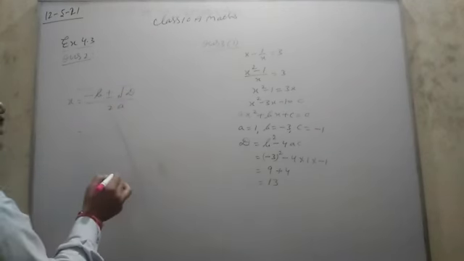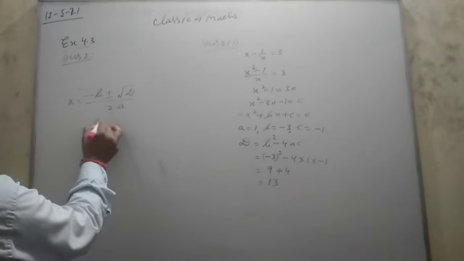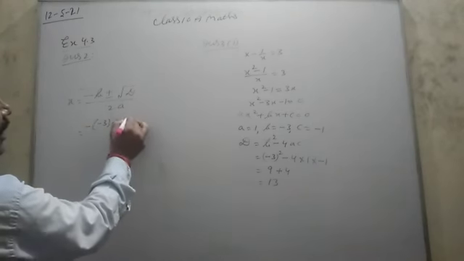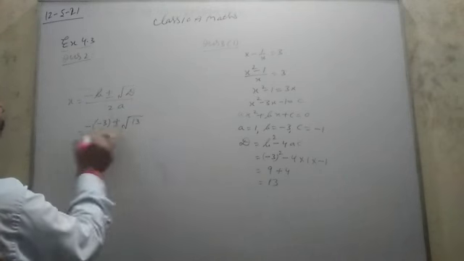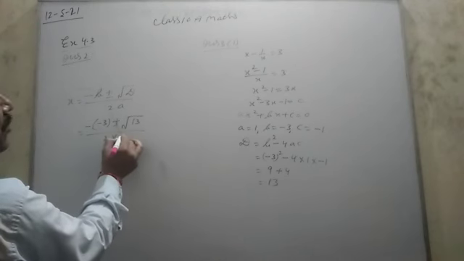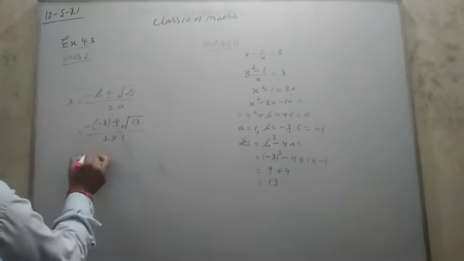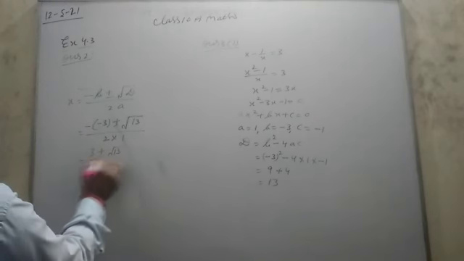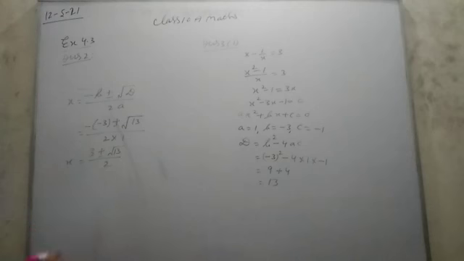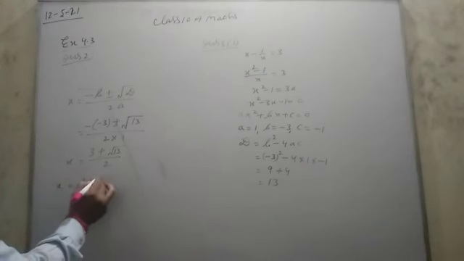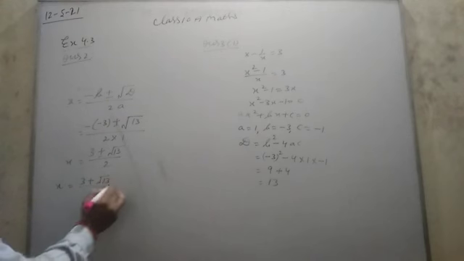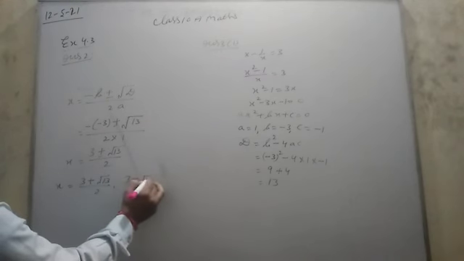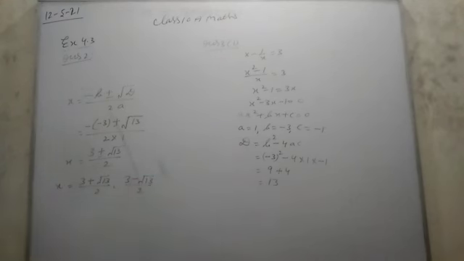Then putting values: minus of minus 3 plus minus under root 13 upon 2 into the a value 1. So this is 3 plus minus under root 13 upon 2. Taking the positive and negative signs, the roots will be 3 plus under root 13 by 2 and 3 minus under root 13 by 2.